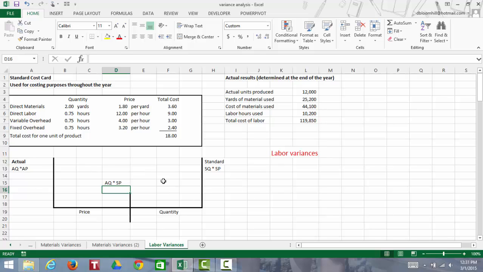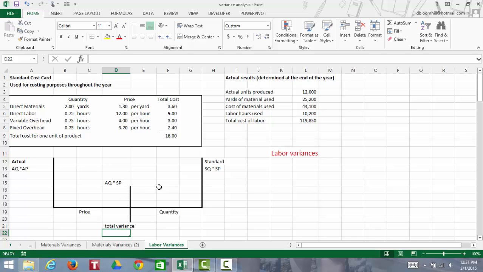So the difference between the two outside prongs becomes our total variance. The difference between the left-hand prong and the middle prong becomes our price variance. Notice that quantity and quantity are the same, actual and actual, but the price varies, actual price and standard price.